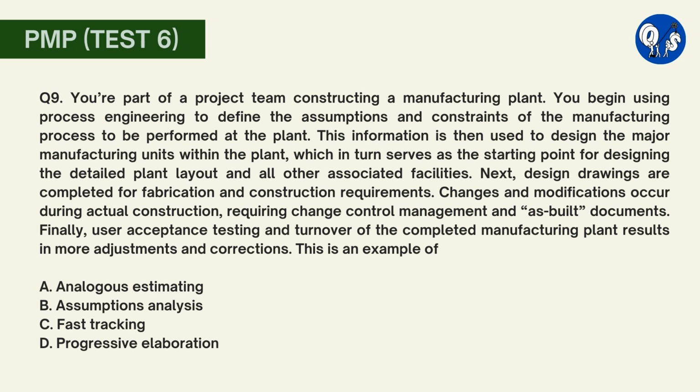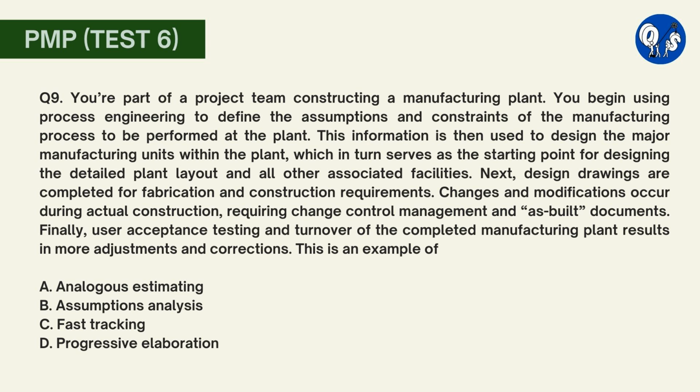Next, design drawings are completed for fabrication and construction requirements. Changes and modifications occur during actual construction, require change control management, and as-built documents. Finally, user acceptance testing and turnover of the completed manufacturing plant results in more adjustments and corrections.